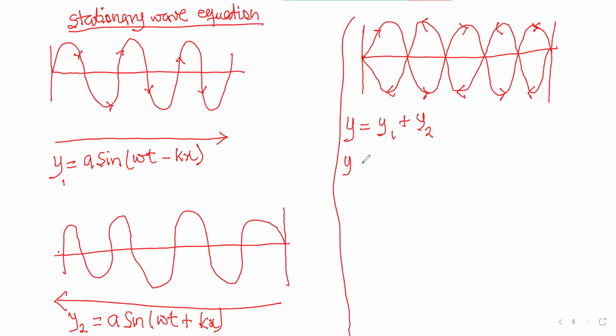What is y1? y1 is a sine (omega t minus kx) plus y2, a sine (omega t plus kx).